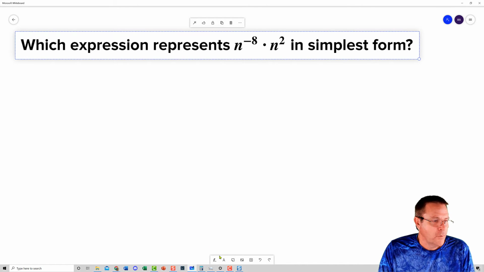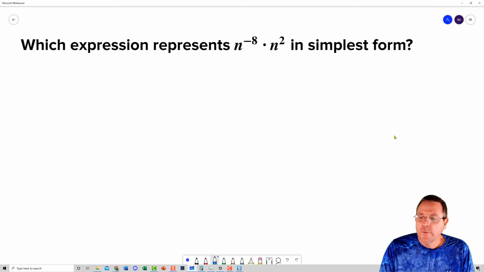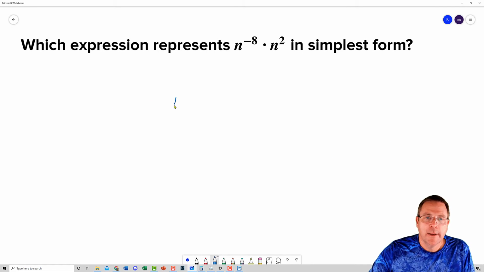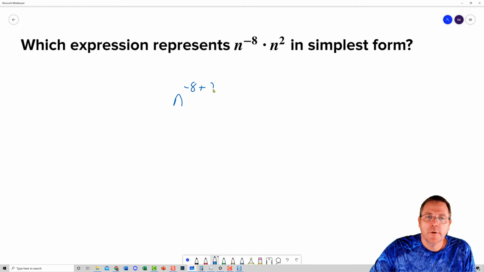Let's take a look at how to work it. First thing I'm going to do is acknowledge the fact we have a common base here of n, and then I have the exponents negative 8 and 2, and since we're multiplying the common base with different exponents, it's going to be negative 8 plus 2. That means signs are different. Find the difference, which is 6. Sign in front of your largest number.